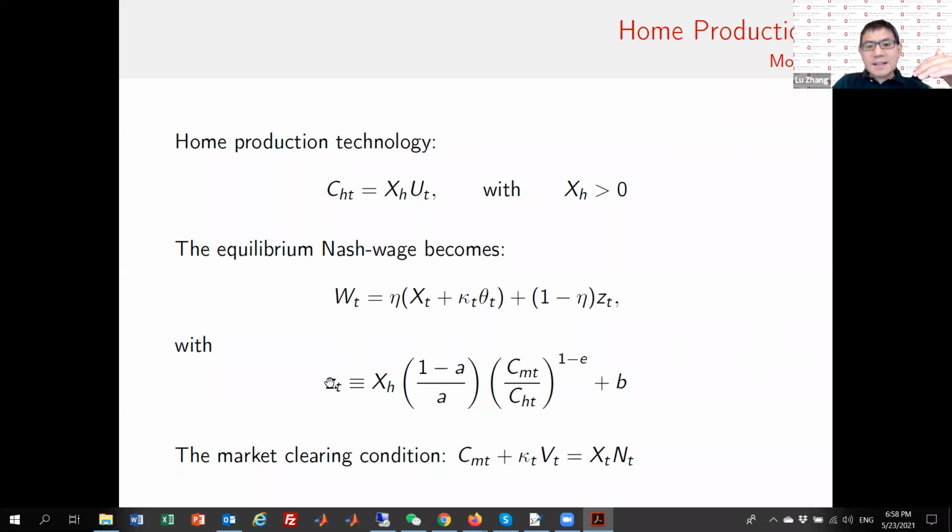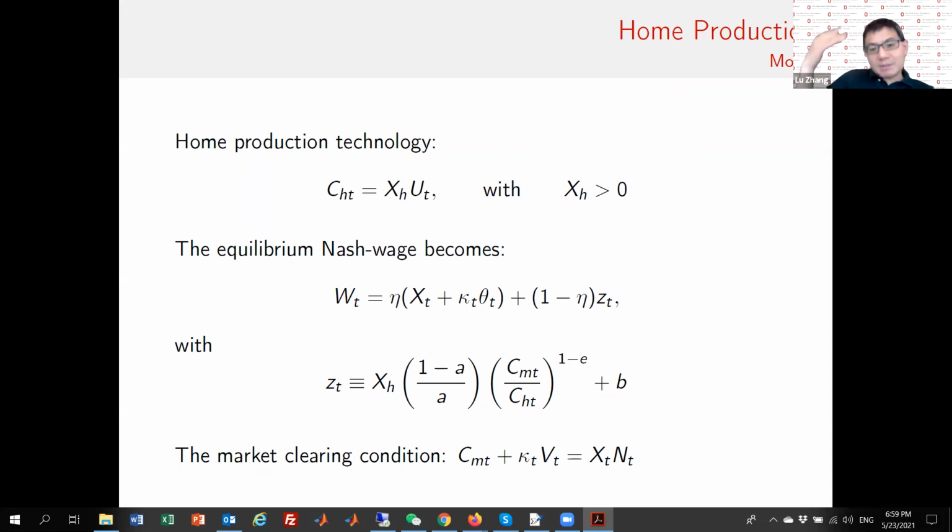So analogously, if A goes up, if the household likes market goods more, that means my flow value of unemployment is going to go down. Again, if I like market goods more, that means I dislike home goods more, or home production is going to be less valuable for me.